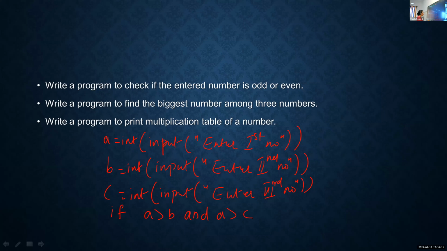If A is greater than B and A greater than C, then only we can print A is the biggest number. Any message you can give. A is the biggest number.